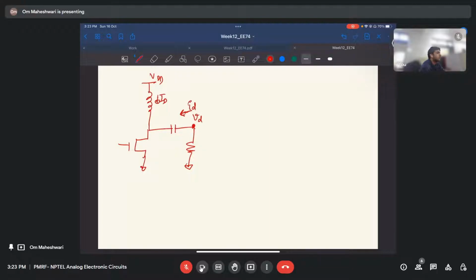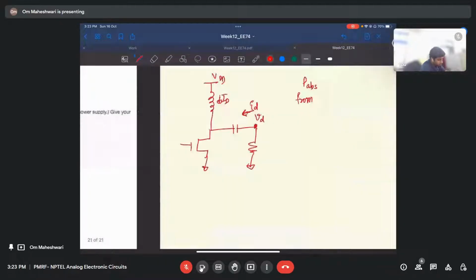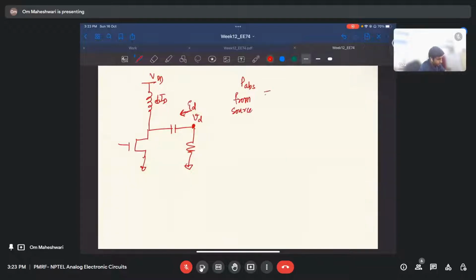Power absorbed from the source will be simply VDD into ID.